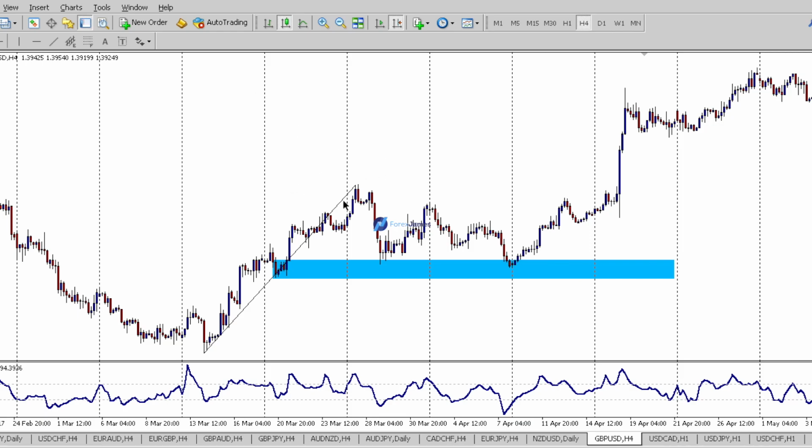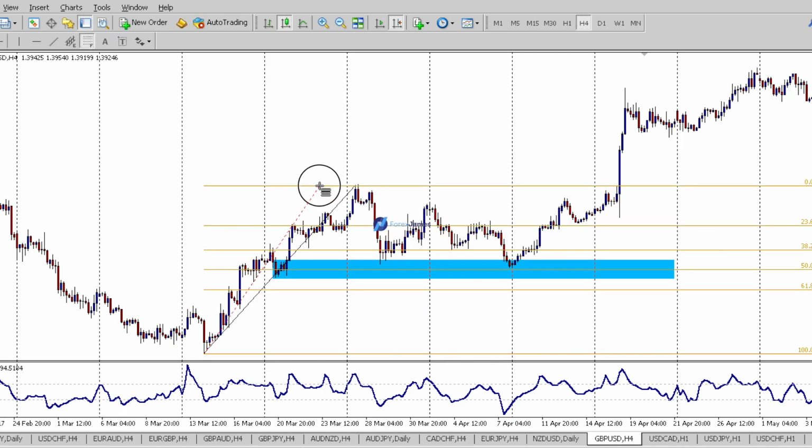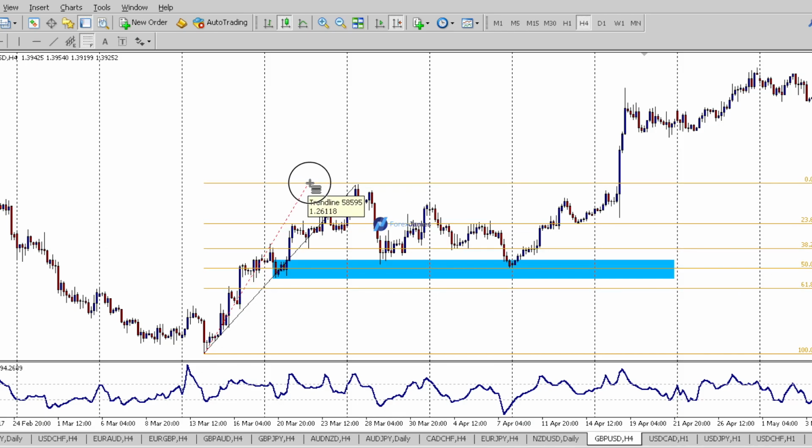Obviously they don't want to be long at the top because they've missed out on an entire move. So they'll be looking for places where the market will retrace to. There are many methods that people use. Some of them would use a Fibonacci retracement, and they'll be like, oh, this is a 50% or 38.2 or 61.8, that's where I'll enter.